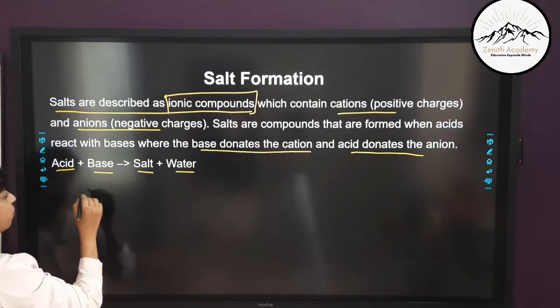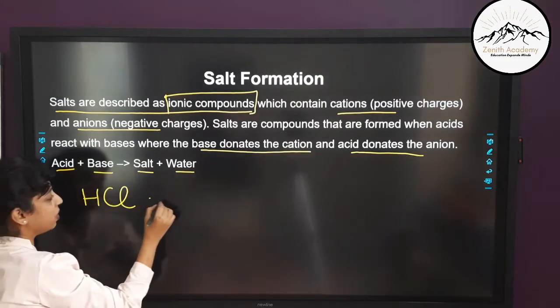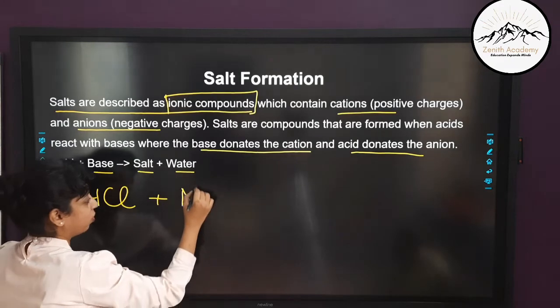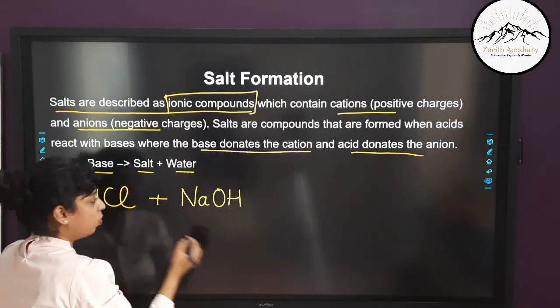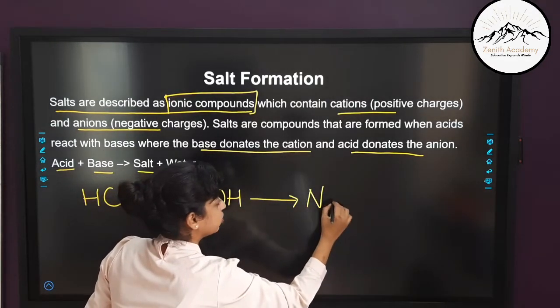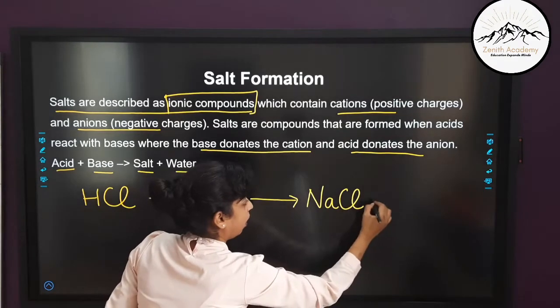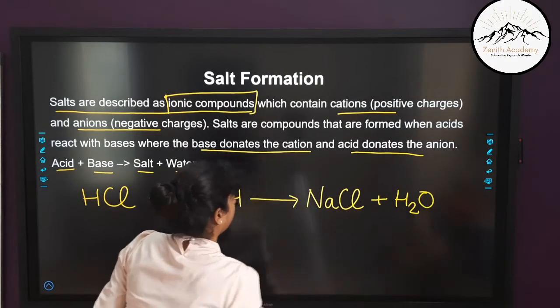Now see here, suppose we take the acid HCl and a base sodium hydroxide, that is NaOH. Now we know when HCl reacts with NaOH, NaCl salt is formed and water is formed. Okay.